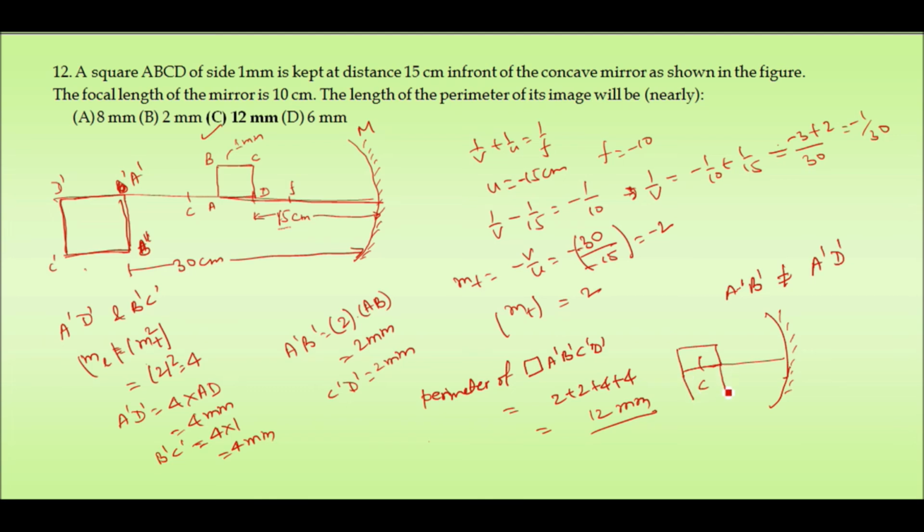Then the image will also be formed at the center of curvature, and in this case the image of a square will be a square itself. Otherwise, for any other position, the image of a square will be a rectangle.